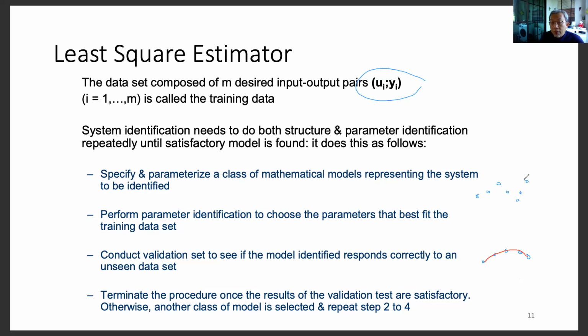So this is your data, and then less than 100%, let's say 90% is like this, okay. It tries to follow the data exactly, but cannot follow, okay.